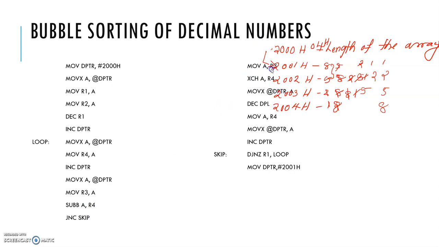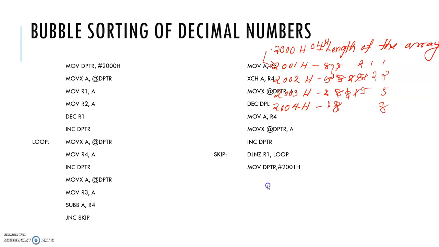The difference is replaced with the value 2, and exchange, because 2 and R4 are exchanged. The content of accumulator register and R4 register is exchanged, and we place the largest number in 2003 and decrement the DPTR and place the smallest number in 2002.